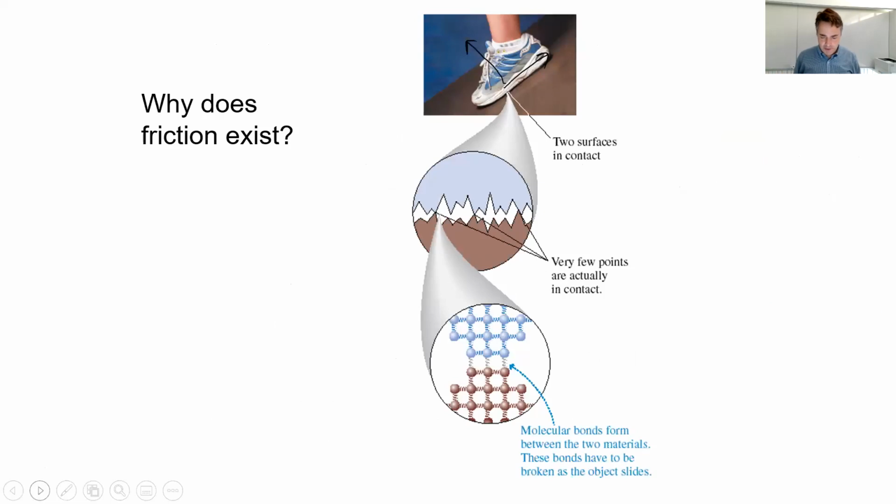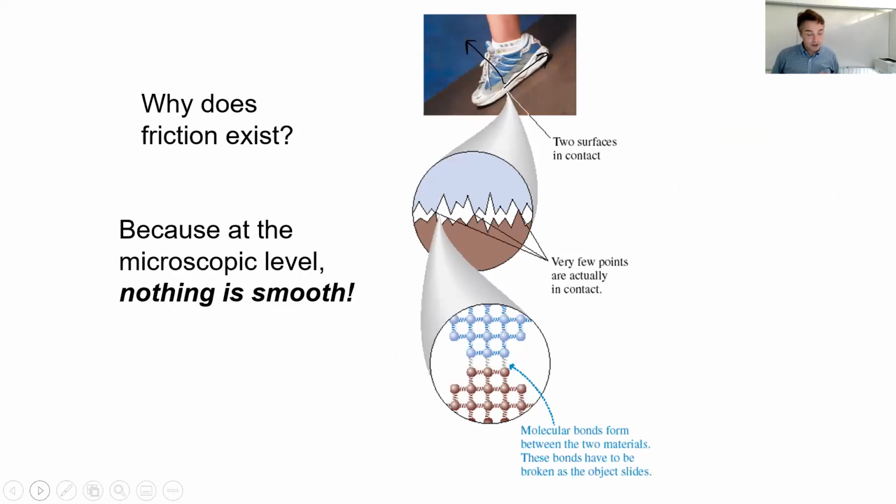Why does friction exist? Because at the microscopic level, nothing is smooth. Here you have the bottom of your shoe, and then the wooden surface. If you were to look very closely with a microscope, you would see that the bottom of your shoe had all of these, I guess, like stalagmites hanging down.